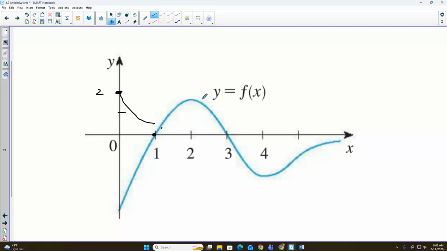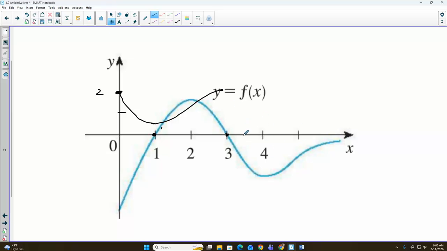Then my derivative was positive, so that meant my graph was increasing until we get to 3. And at 3 it was 0 again, so we have to have another max or min. Okay, then my derivative is negative, so my graph has to be decreasing the whole time.